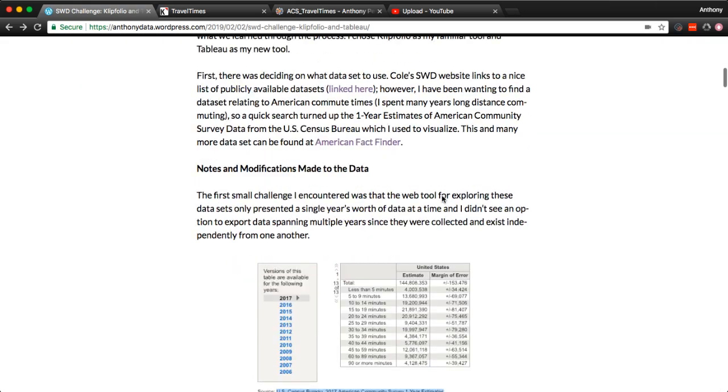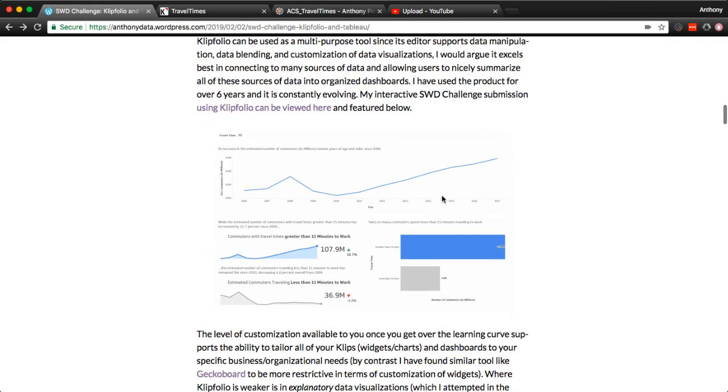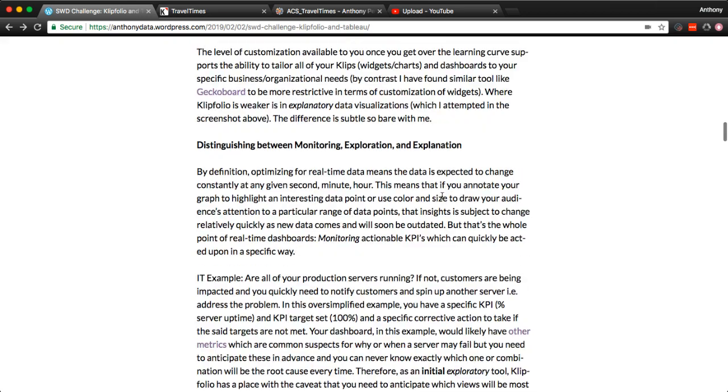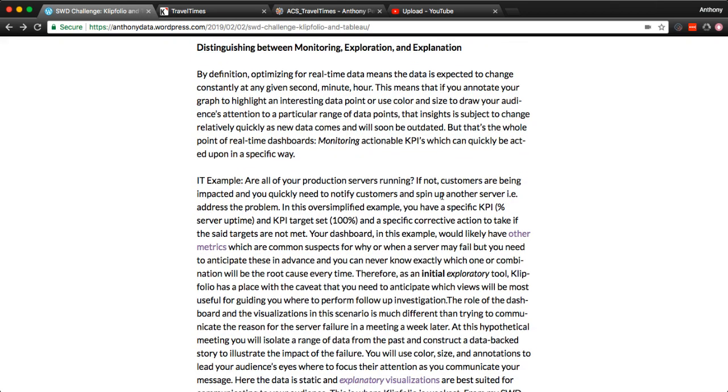And so I mentioned that, and I provide an example as part of this blog post, so you'll see it here. This is the section specifically where I talk about the difference between monitoring, exploration, and explanation.